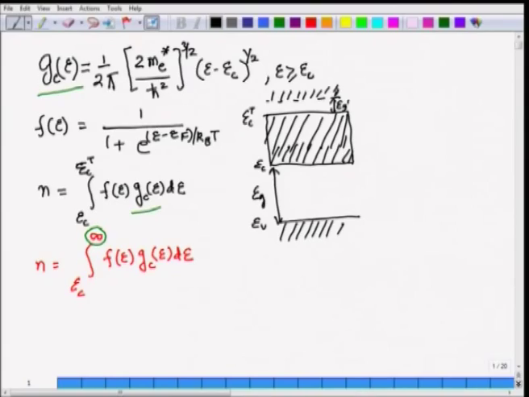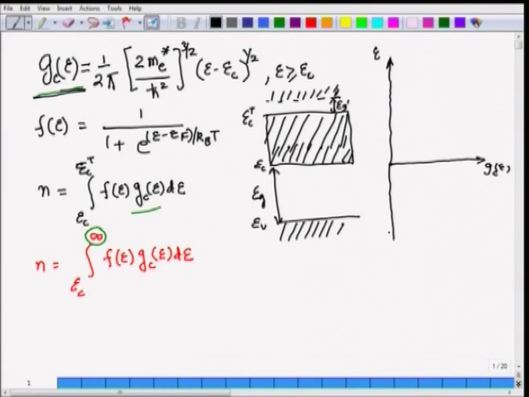Now, if I want to plot this quantity Gc, then let us do that. On this axis I am going to plot Gc(E), and this whole axis is the energy axis.